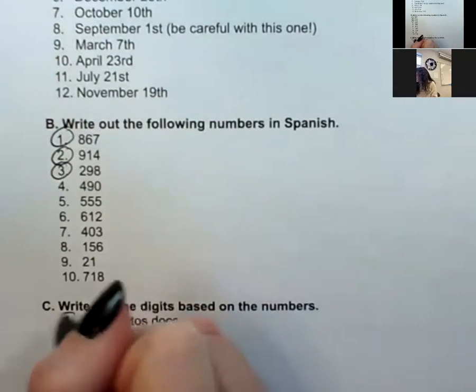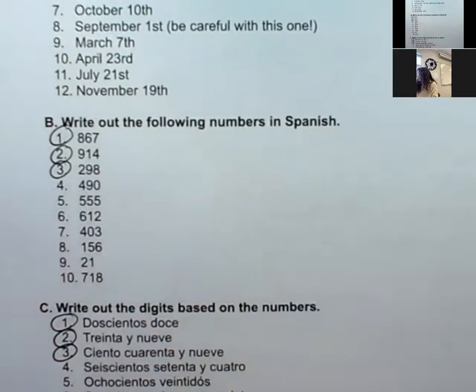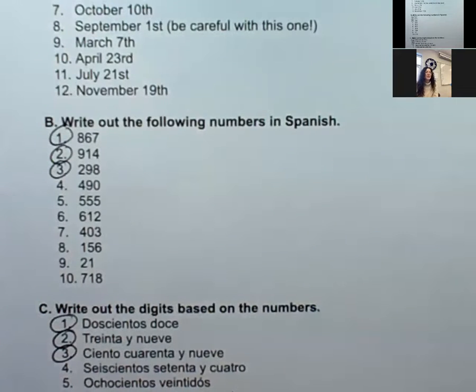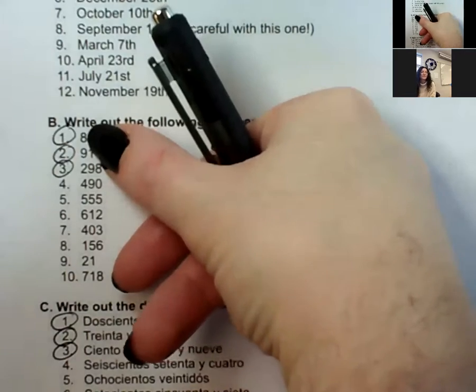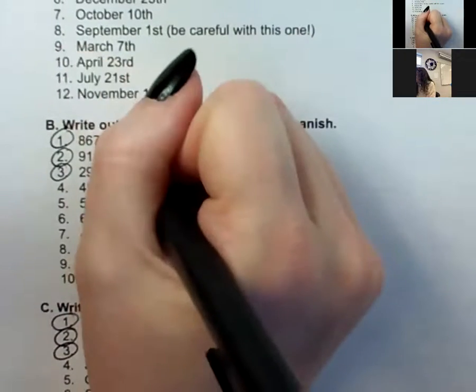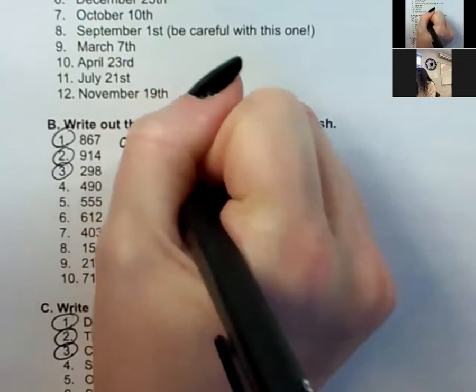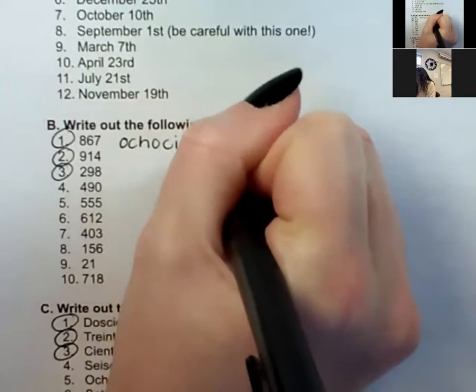We'll do the first 3 from each. So number 1, we have 867. So when we are writing out these outrageously large numbers as words, we just have to break it down place by place. So our first place is going to be 800. So to say 800 in Spanish, we'd say ochocientos.